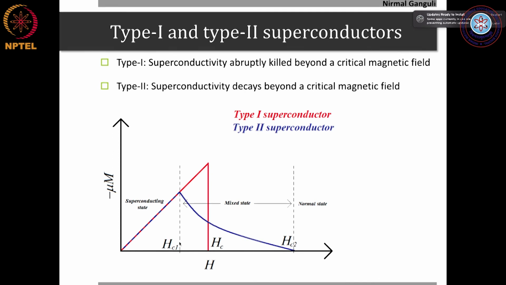So, the part below Hc1 is the absolute superconducting state, beyond Hc1 and below Hc2 is a mixed state, and beyond Hc2 it is a normal metallic state.